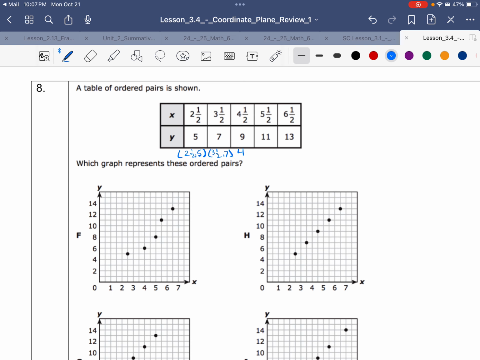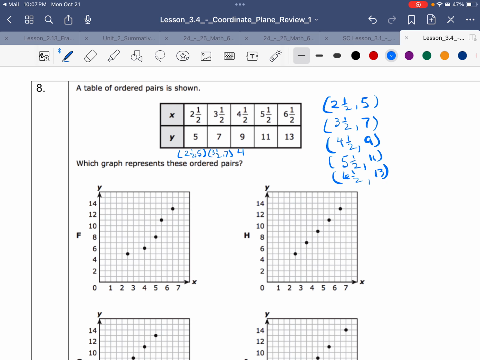So let's say I wanted to write these out to the side. I got 2 1/2, 5, so I can get more space. And I have 3 1/2, 7, 4 1/2, 9, 5 1/2, 11, and the last one would be 6 1/2, 13.